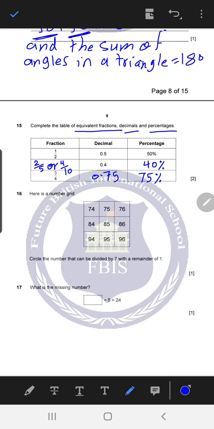Here is a number grid. Circle the numbers that can be divided by 7 with a remainder of 1. To do this question easily, since we don't have a calculator, we need to write the times table of 7. The smallest number here is 74, sorry, this is not the answer.